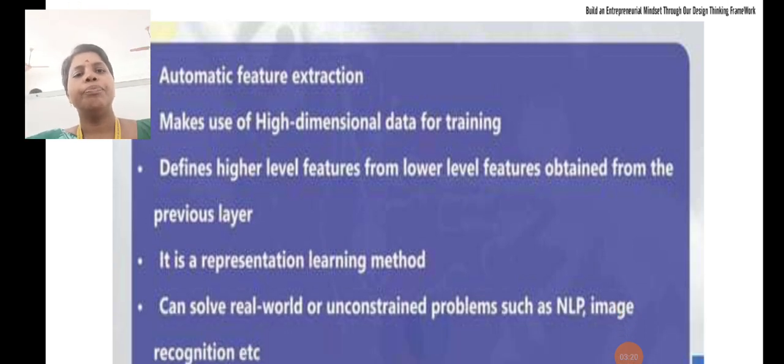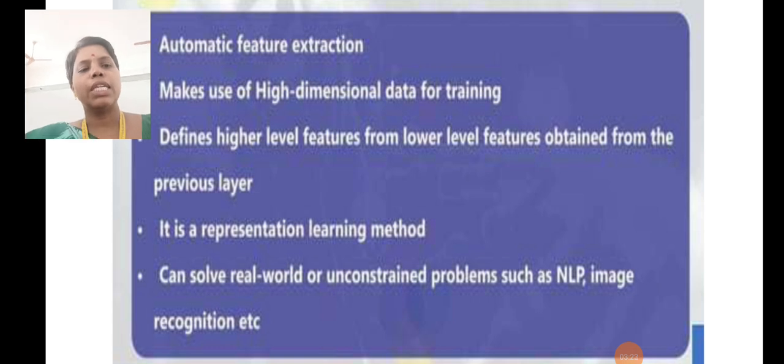It is a representation learning method, and it can solve real world and unconstrained problems such as NLP, that is natural language processing, and image recognition. Neural networks are very useful in day-to-day applications, and in major areas like space applications, defense, automation and commercial applications. Especially in image recognition, video processing, natural language processing and automation.